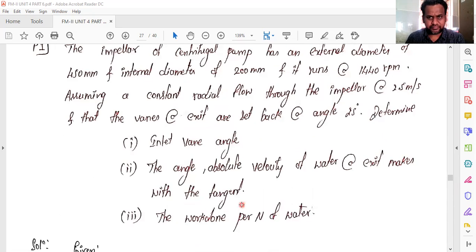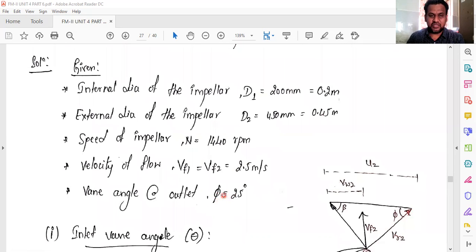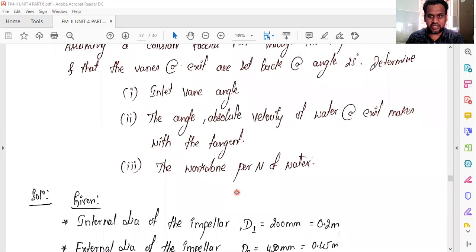And the vanes at exit are set back at an angle of 25 degrees. So that means he has given the phi angle. Theta is at inlet and phi is at the outlet, right? So the vane angle at outlet is given, that is phi is equal to 25 degrees.